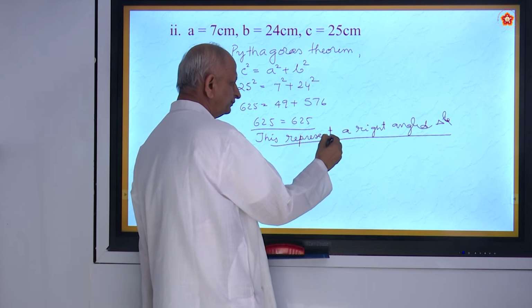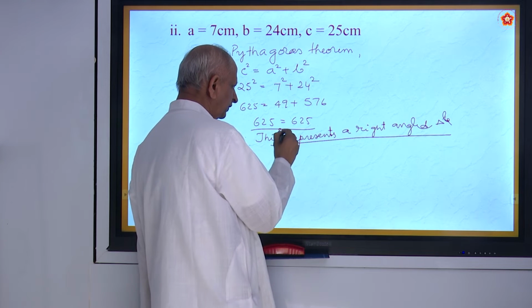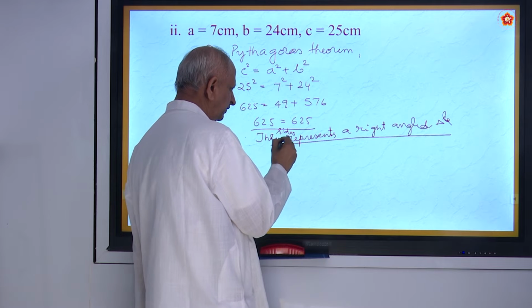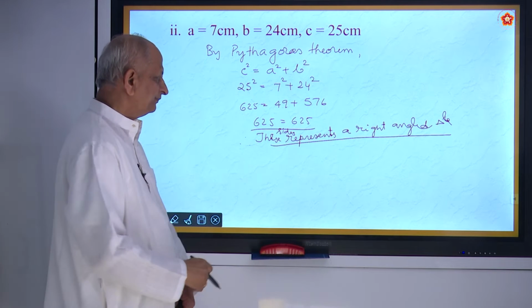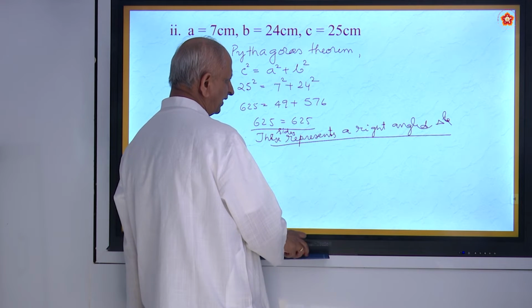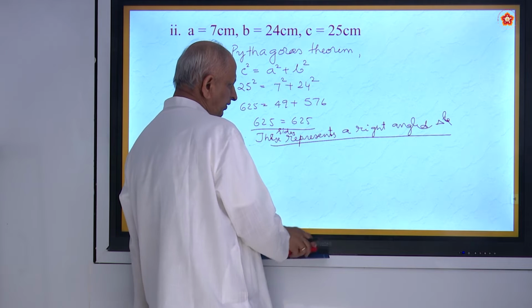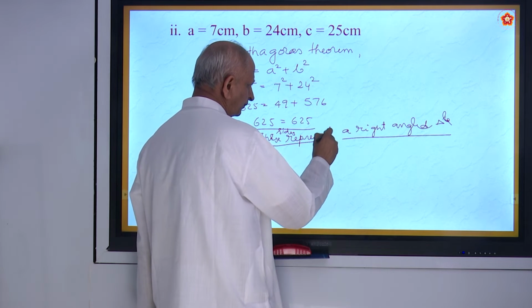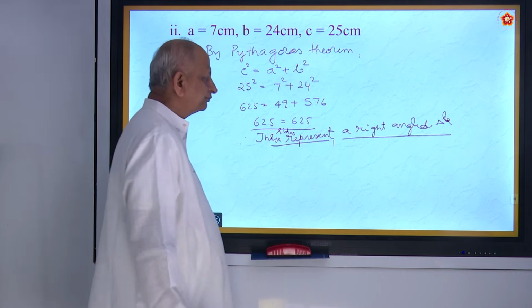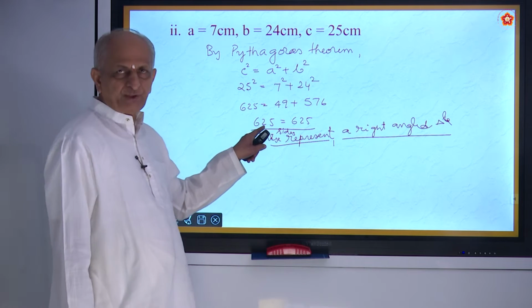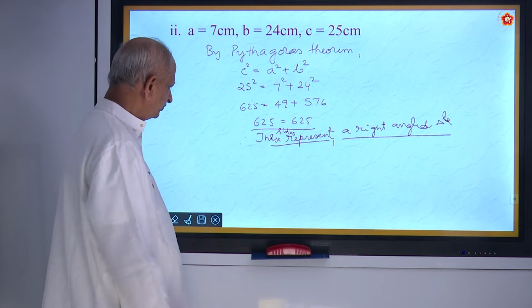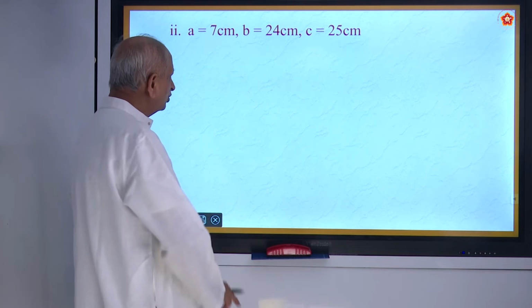These sides represent a right angle triangle. Okay. Because hypotenuse square is equal to the sum of the squares of the other two sides. So that's all the homework. One more question is there.